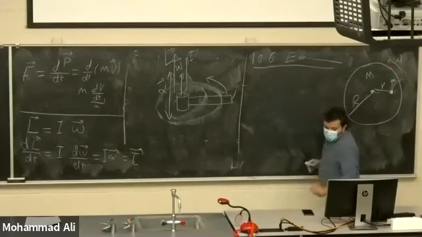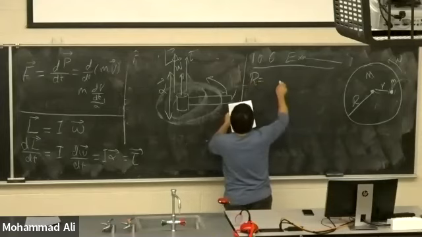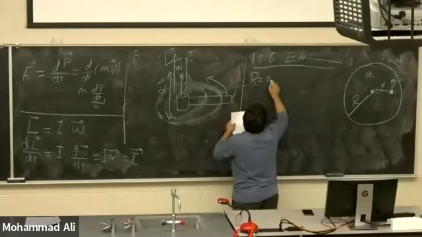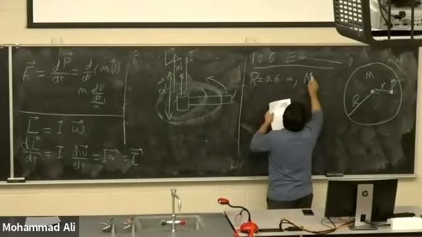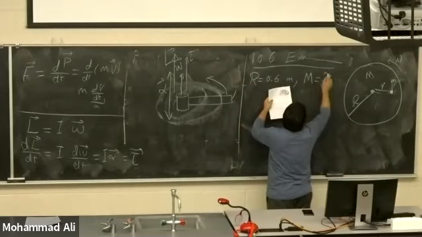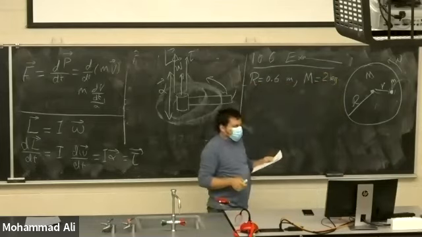Okay, now what we need also. Yes, the radius for the disk is 60 centimeters, and its mass is 2 kilograms. I assume it as a disk.